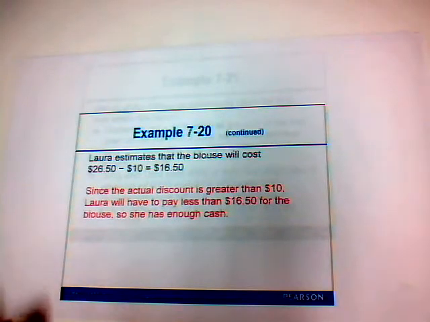So Laura estimates that the blouse will cost $26.50 minus $10, which is $16.50. Now, since the actual discount is greater than $10, Laura will have to pay less than $16.50 for the blouse. So she does have enough cash.